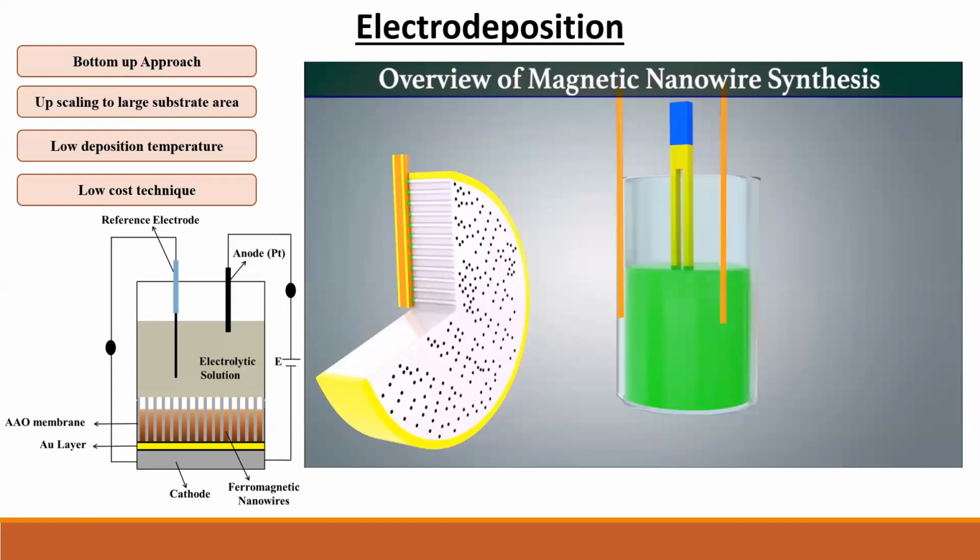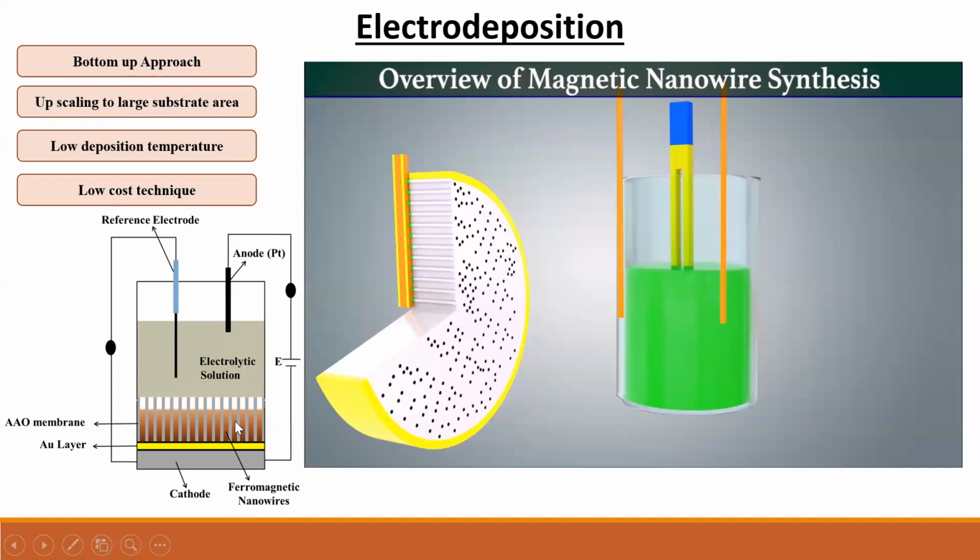So this shows the schematic of the electrochemical cell which is used for the deposition of one-dimensional nanostructures. As can be seen, this is the porous alumina template. One side of this porous alumina template is coated with a gold layer so that it can serve as a cathode, so deposition can take place in this.